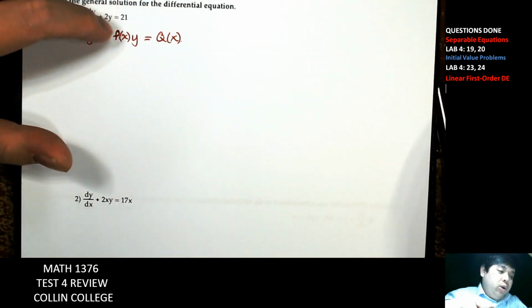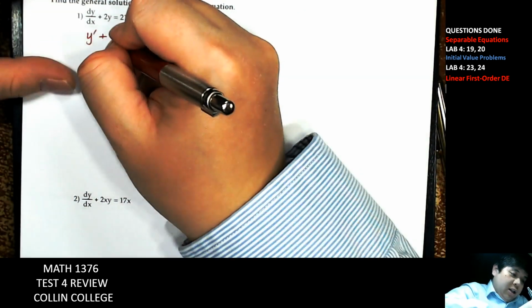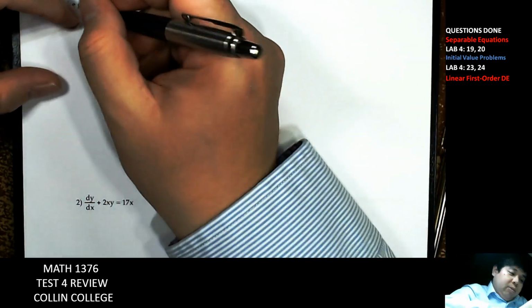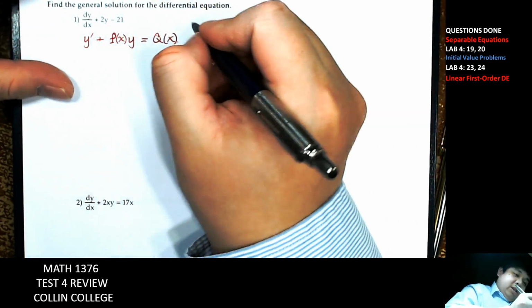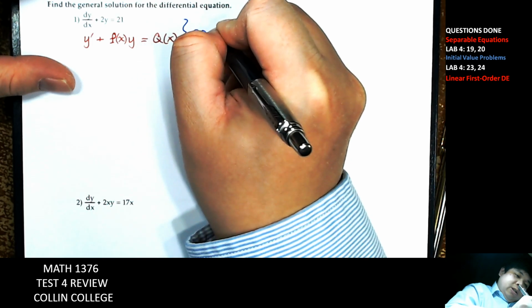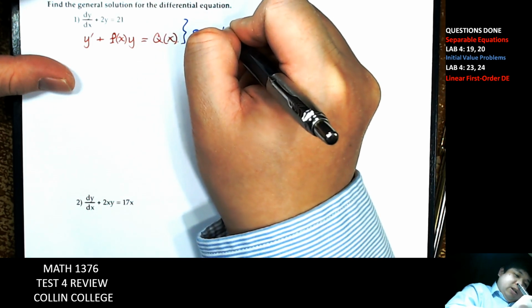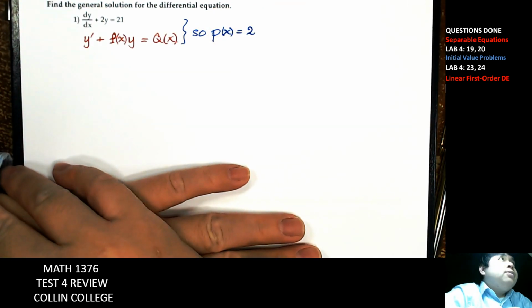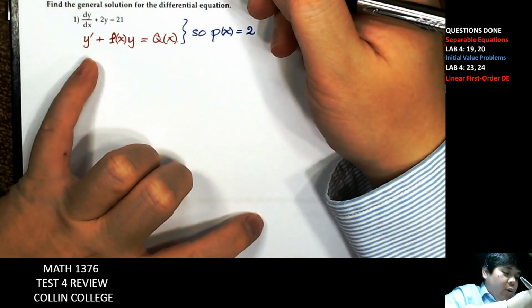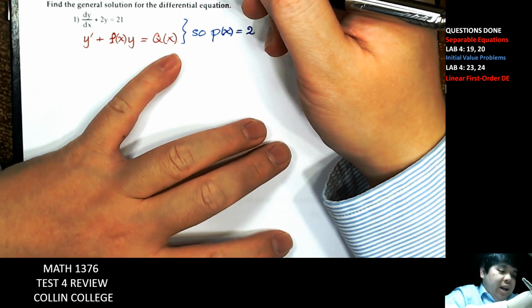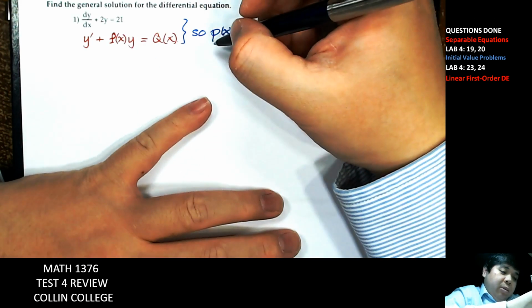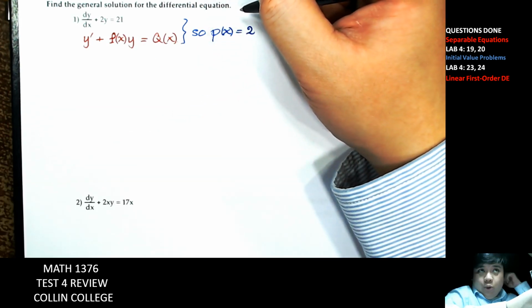I should match that with this standard form. So 2 is going to be p of x. P of x equal to 2. We can have a function of x times y as well. But anyway, we have p of x equal to 2.